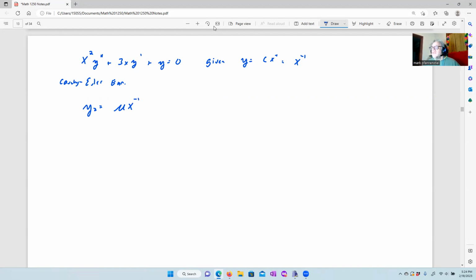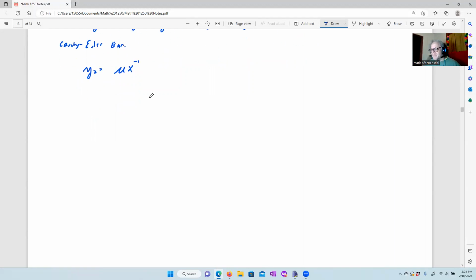Such that this is not a linear combination, right? That u is not a constant. u is some other function of x, and we're going to multiply it by the first function. They're not going to be linearly dependent. So that's going to be two linearly independent functions, and we can verify that with a Wronskian and all sorts of other fun stuff.